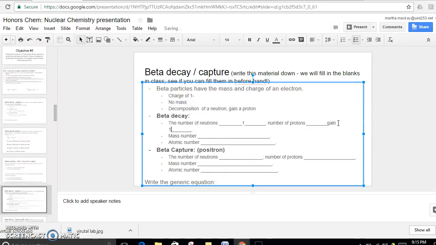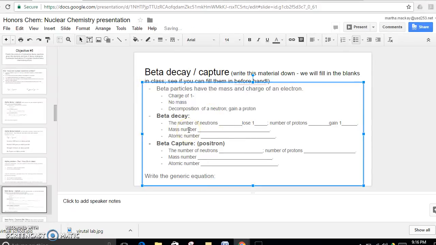So you are going to gain 1, and I'm going to go ahead and just write lose 1 here. That's what happens when you have beta decay. The mass number is going to stay the same, because if I lose 1 but I gain 1, it stays the same. But my atomic number is going to go up by 1 because I've gained that proton.